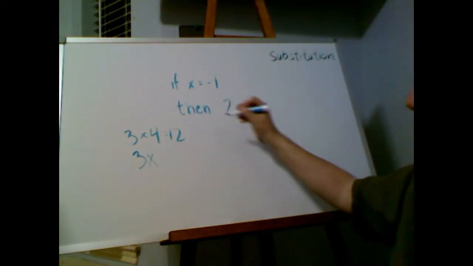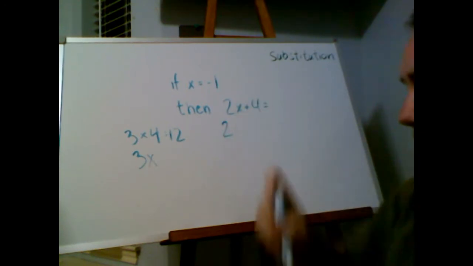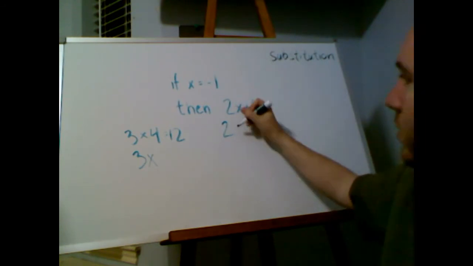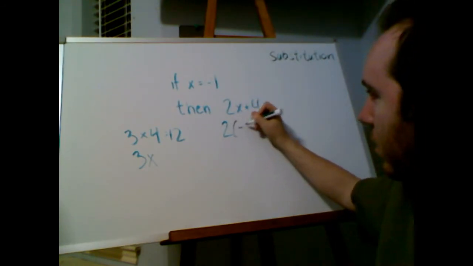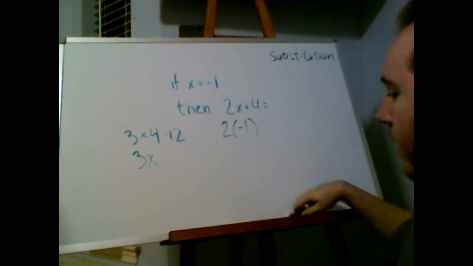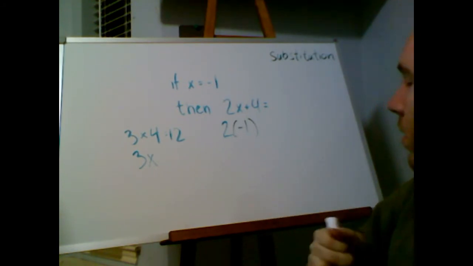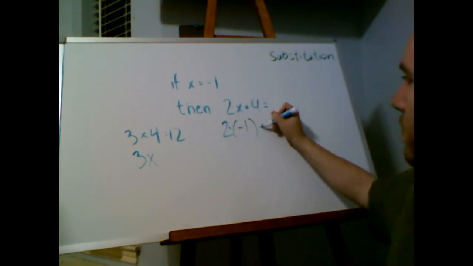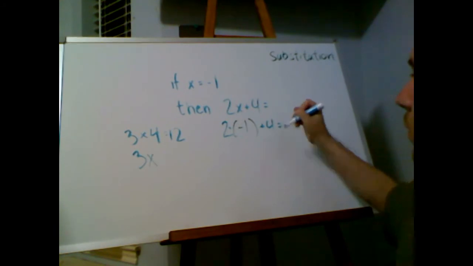Now we substitute. We have 2 times -1. So we are multiplying. Put a little multiplication down just to make it clear. Plus 4 equals.